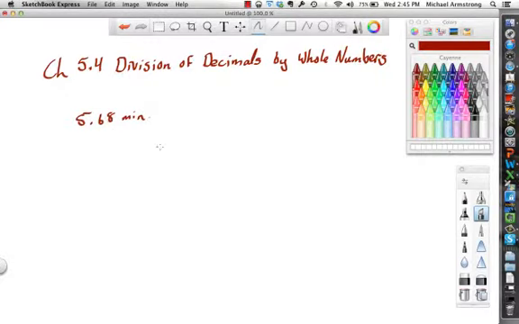But there were four of them that did it. If you wanted to find the average time of each swimmer, since some swam a little faster and some a little slower, you'd do a division problem. So you'd divide by 4. There's 4 swimmers, and they swam in 5.68 minutes. And the first way to do this is to divide it into a model.